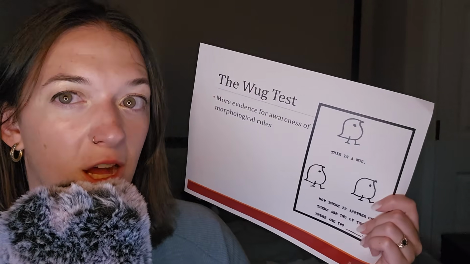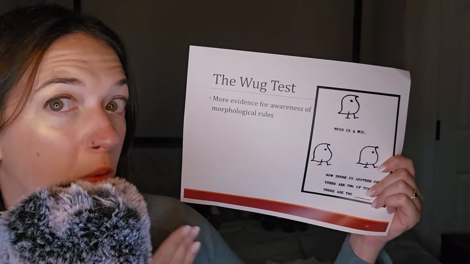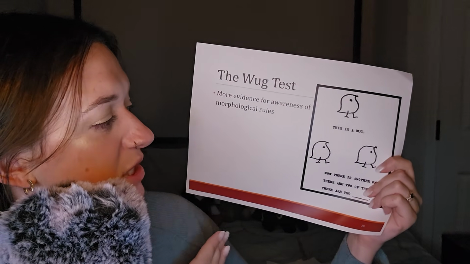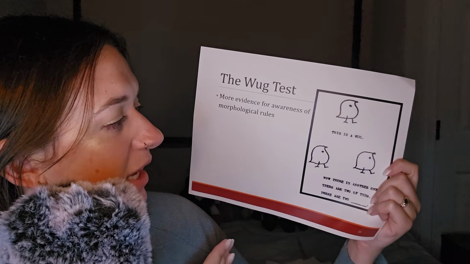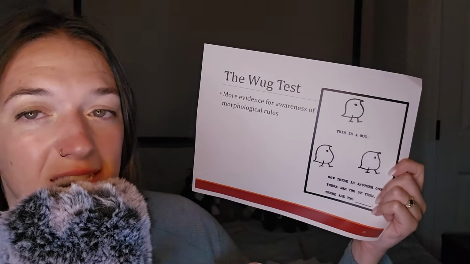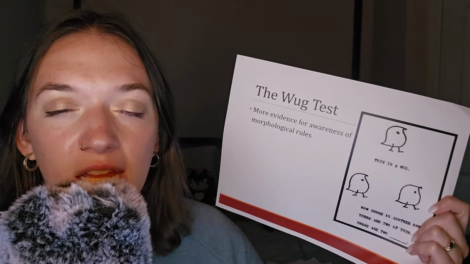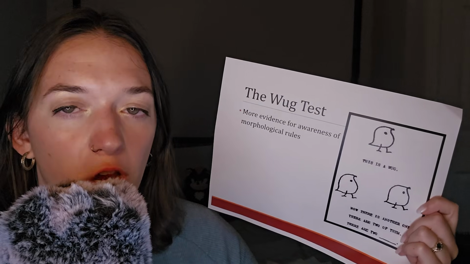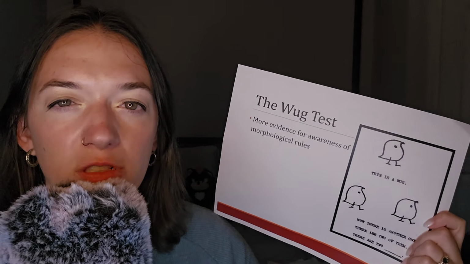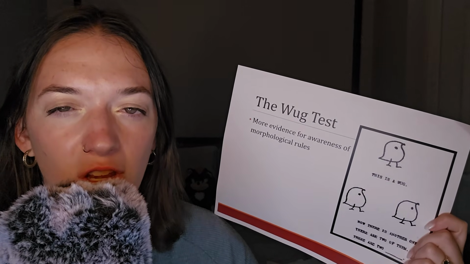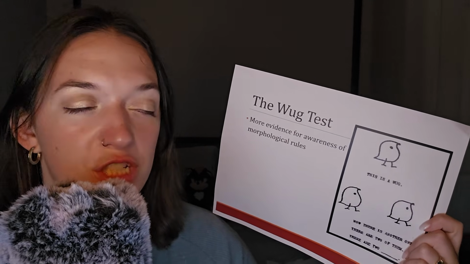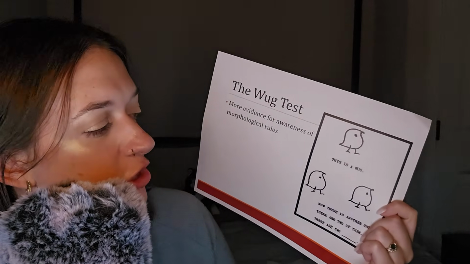You may or may not have heard of something called the WUG test. This was a test developed by linguists to see if children were just copying words they had heard before, or whether they could apply their morphological and syntactic knowledge to novel situations. They show them a picture.